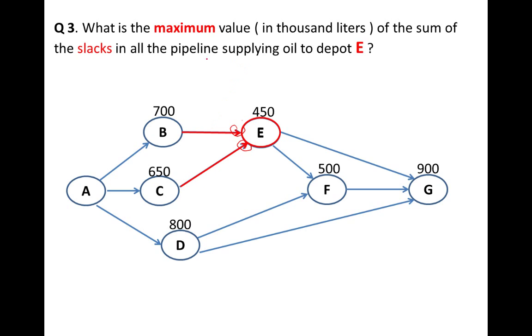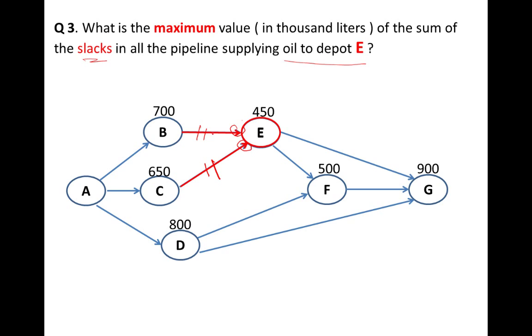The question says the maximum value of the sum of slacks of all the pipelines supplying oil to depot E. So we need to find out the slack of this pipeline and of this pipeline, and that too maximum slack.